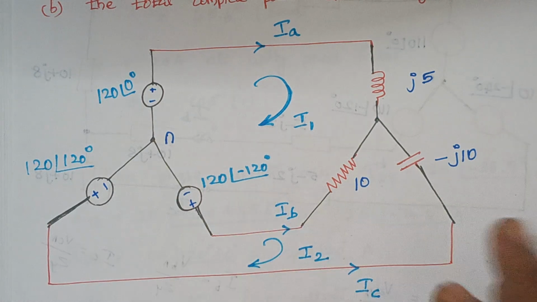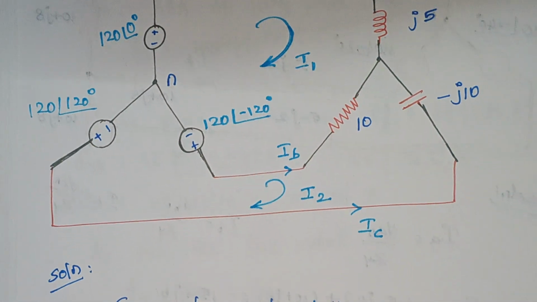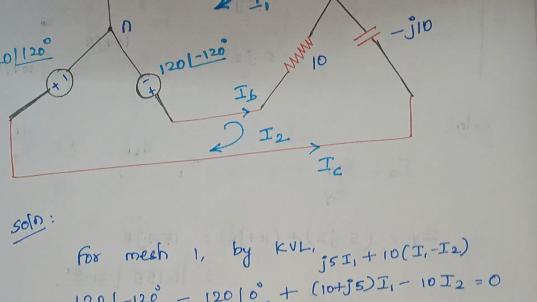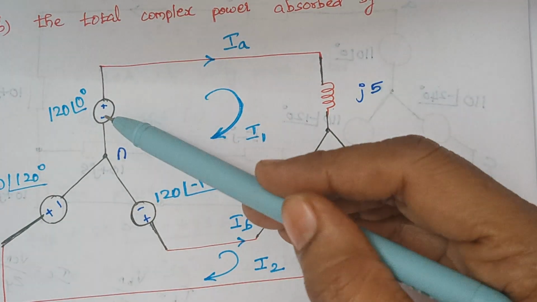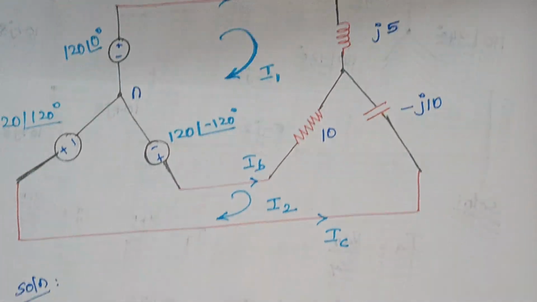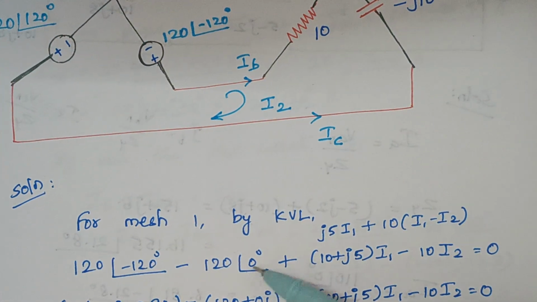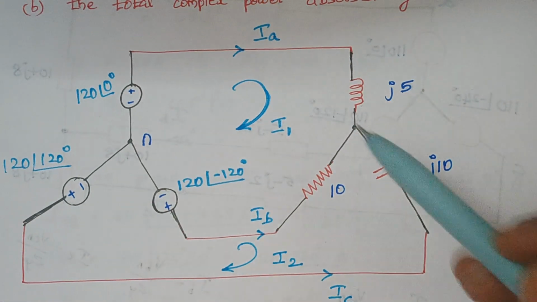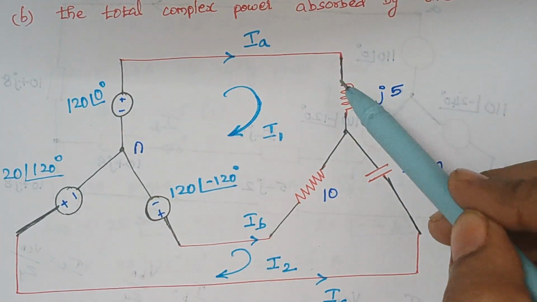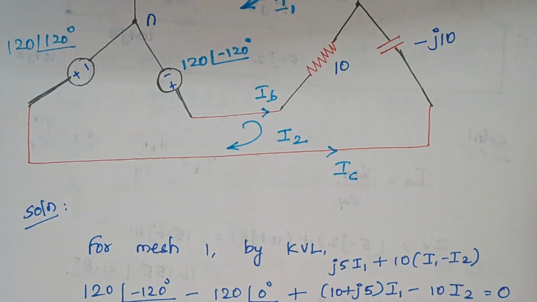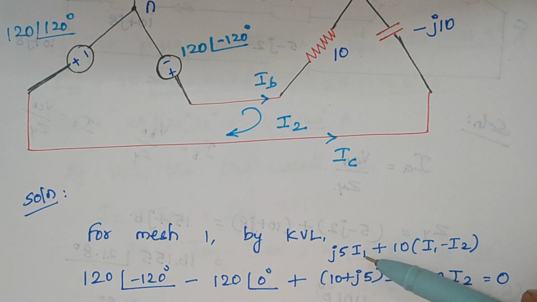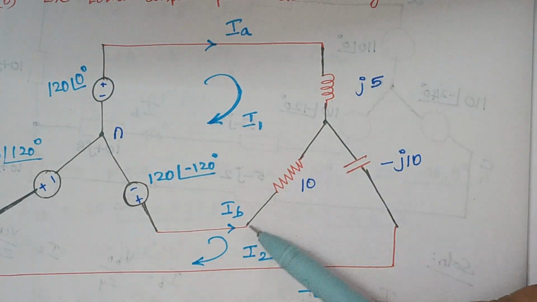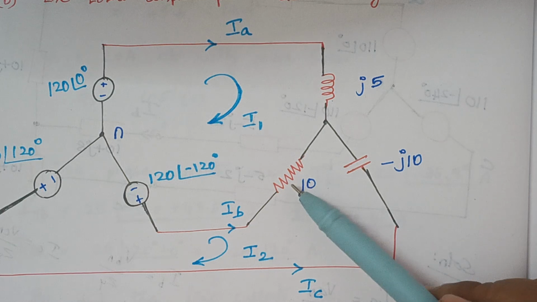So here this voltage source is nothing but 120 with an angle of 120 degrees, right? And again here it is moving from minus to plus, therefore it is minus 120 with an angle of 0 degrees. And again when you look at this loop, the current flowing through this j5 ohm is I1. So here it is plus j5 I1, and here again the current flowing through this 10 ohm resistor, what about the current flowing through this 10 ohm?